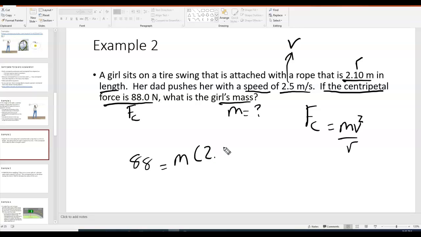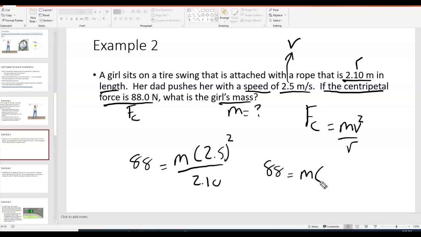I plug in 2.5 squared for v squared, and then I divide by 2.1. I'm going to simplify. The 88 is fine, but on the right side, I'm going to do 2.5 squared, and you get 6.25, and then I'm going to divide that by 2.10.